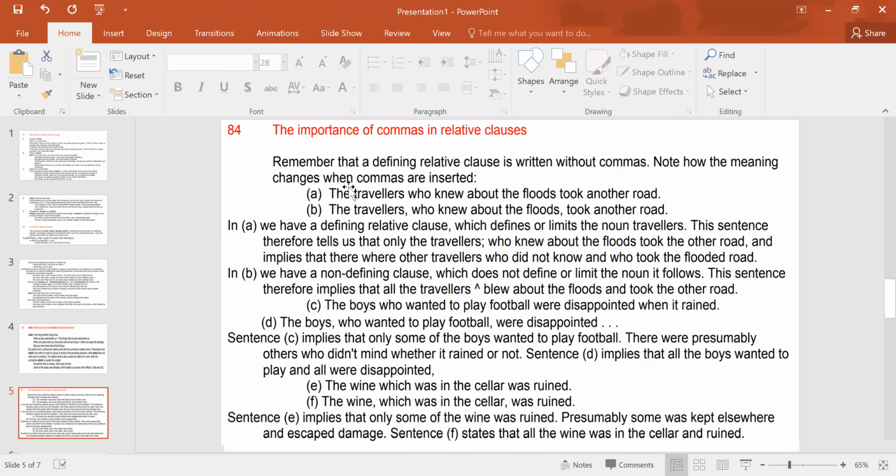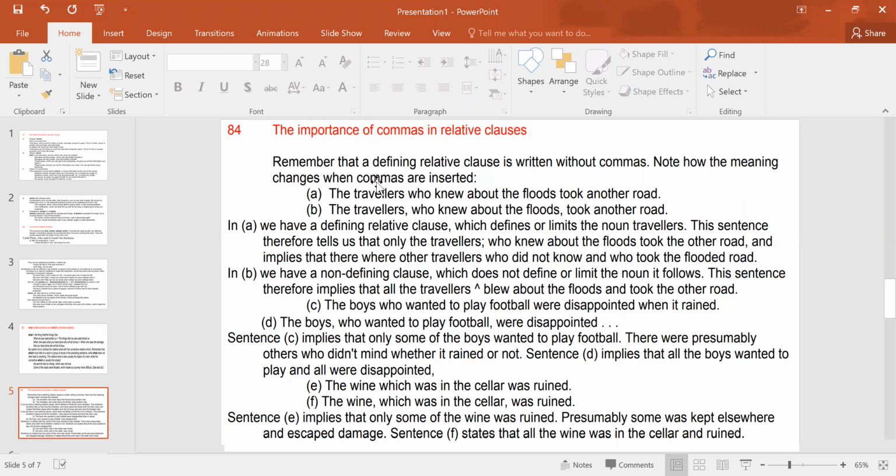The function of a defining clause is to define the preceding noun or pronoun, right? So this clause, who knew about the floods, defines or limits the noun travelers. This sentence therefore tells us that only the travelers who knew about the floods took the other road.